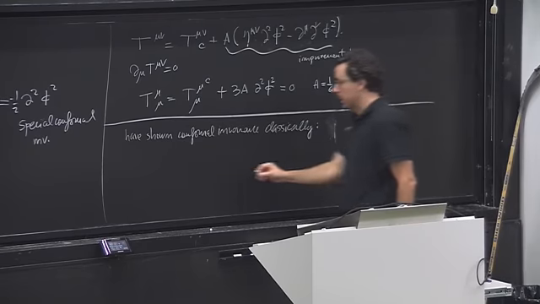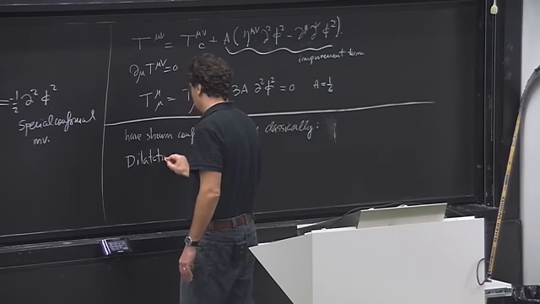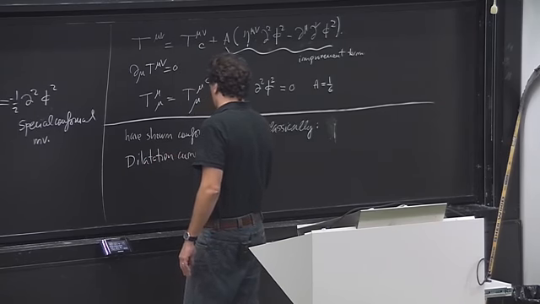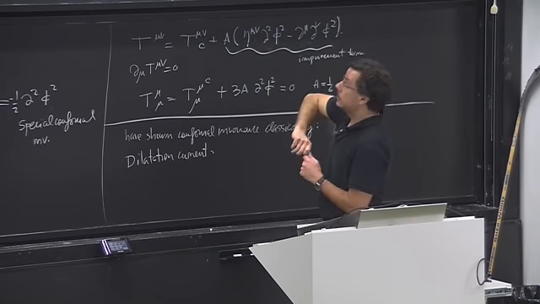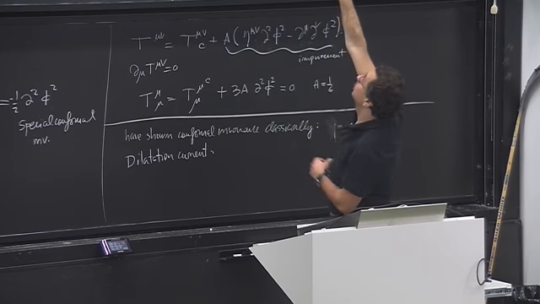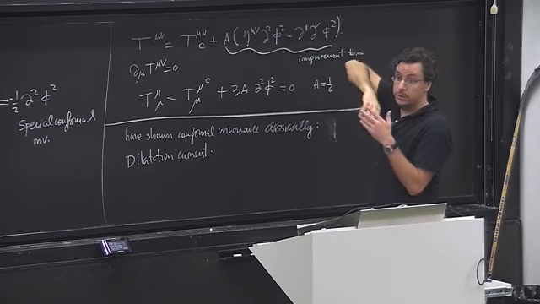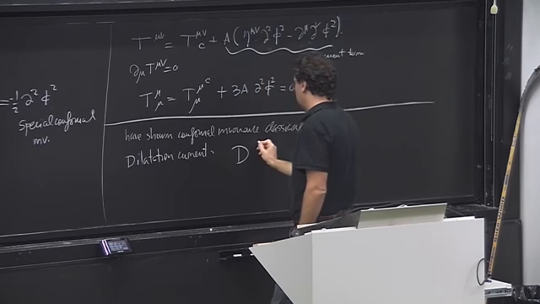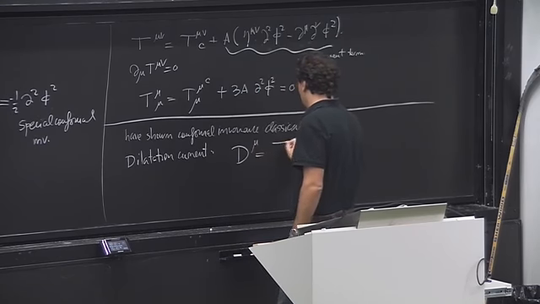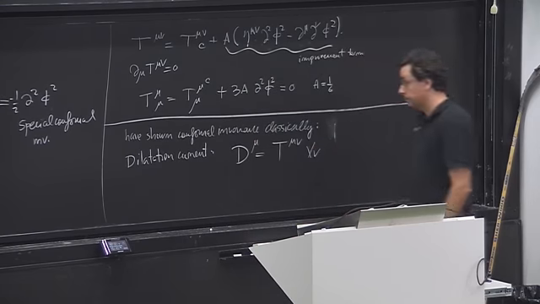What is the dilatation current? So all that I have to do is, in my master formula for J up there, just put the vector field associated to dilatations, which is just X. So we have that the dilatation current, which I'm going to call J mu, is T mu nu X nu, right?